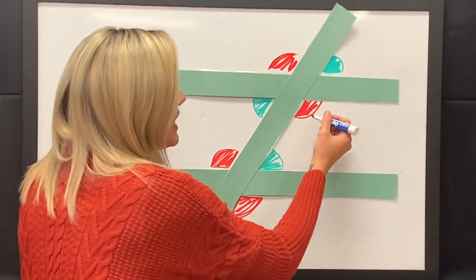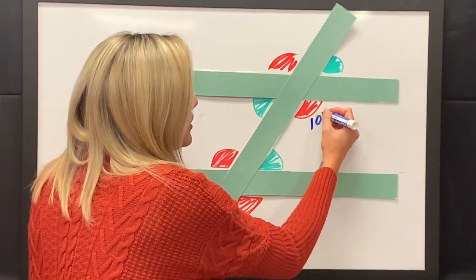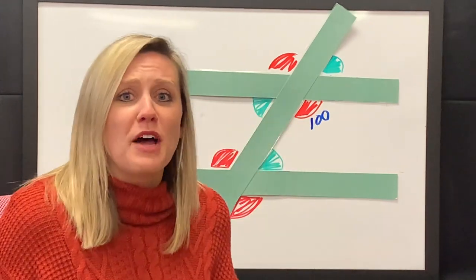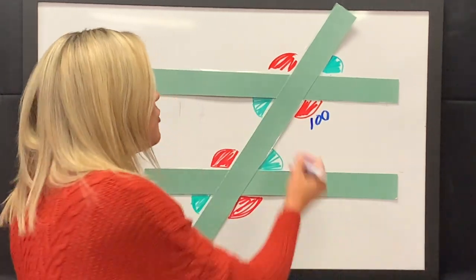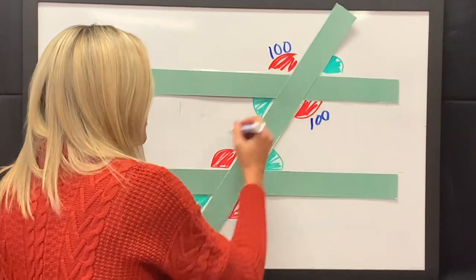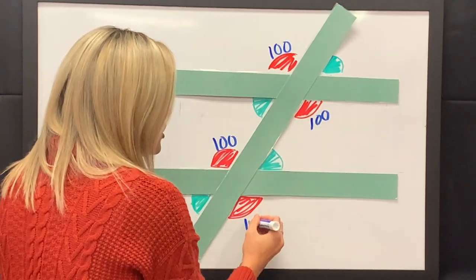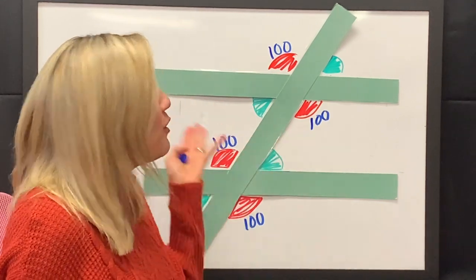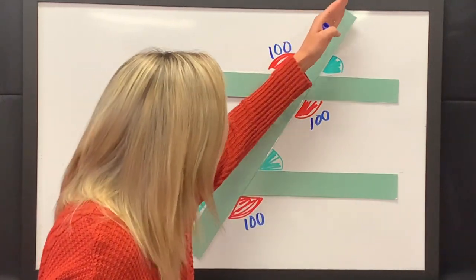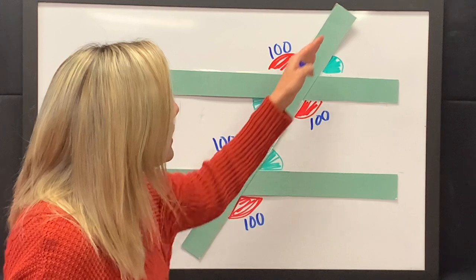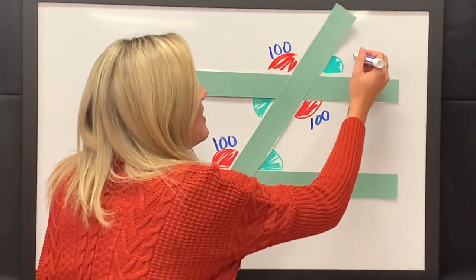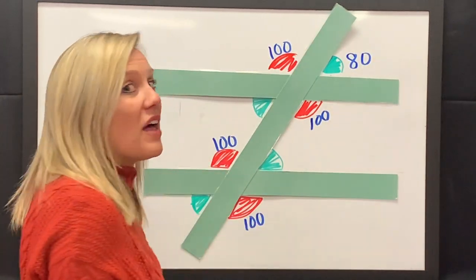So let's just pretend this angle here is 100 degrees. Since we know that that red angle is 100 degrees, we know that all of the other red angles are 100 degrees. And if you want to view the other video I made about the vocabulary, that kind of goes into depth why they are congruent. Anyway, if we know the red angles are 100 and we can also tell that we have a straight line right here, we can also gather the information that these green angles are going to equal 80.